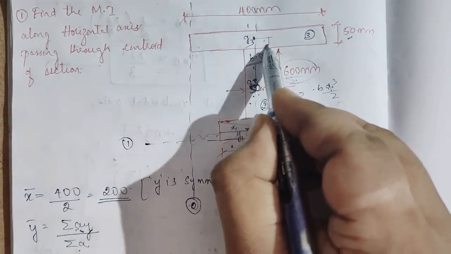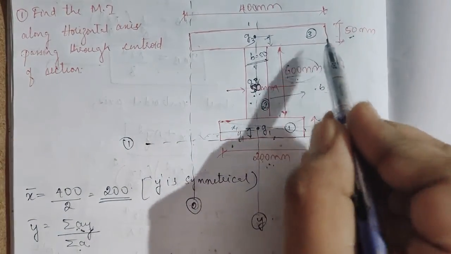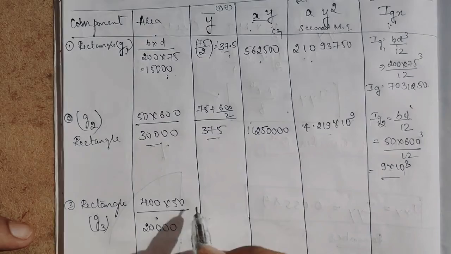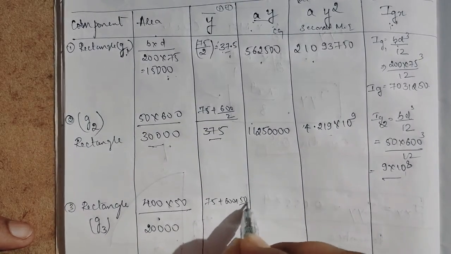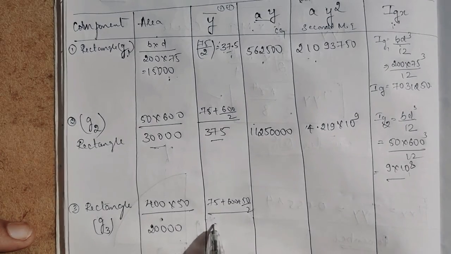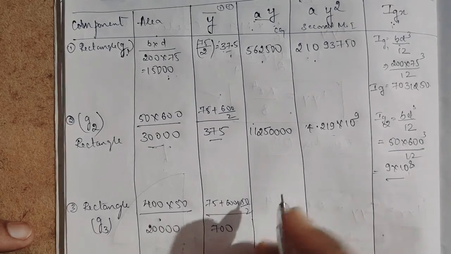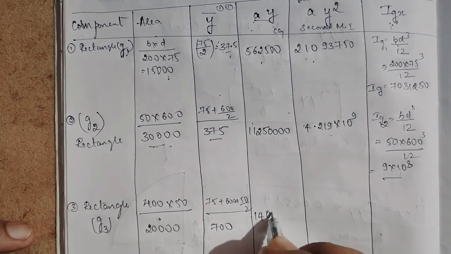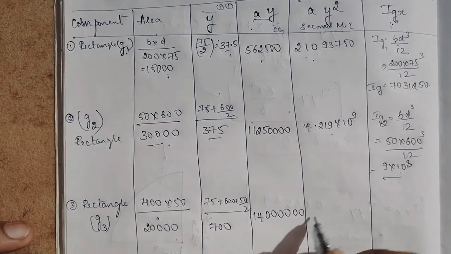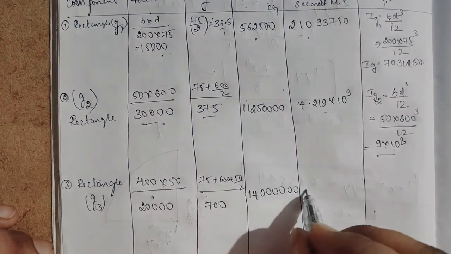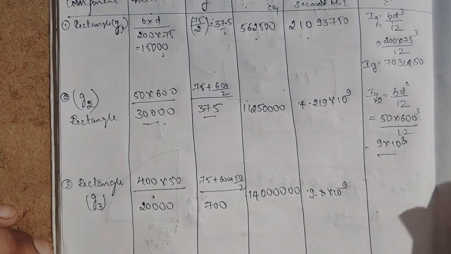So here I want this value from here. So 75 plus 600 plus 50 by 2, so it will be around 700. Multiply both, you will get 1400. Next ay square will be 9.8 into 10 power 9.